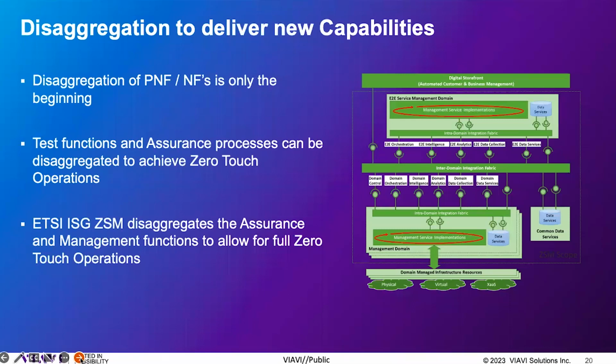And this then helps us to design a complete zero-touch operations platform using multiple domains which are disaggregated in how they handle various aspects of the service management and assurance. But it really allows us to use the best-of-breed capabilities in each of these functions.